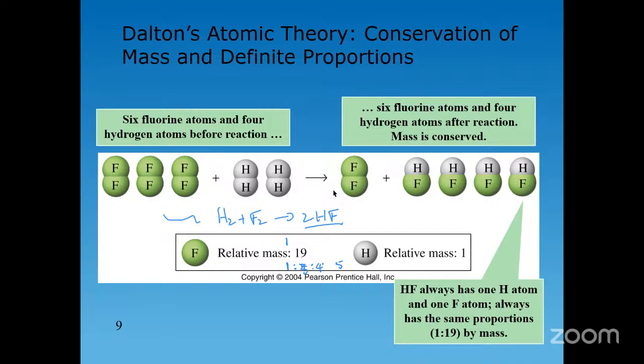So the atoms are conserved, which means that the mass is conserved, which falls in line with the law of conservation of mass that we talked about earlier. This is where the atomic theory is demonstrated to show that the law of conservation of mass works.